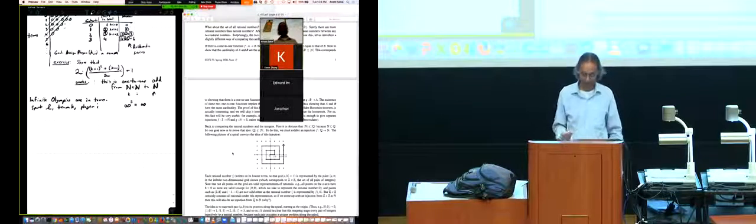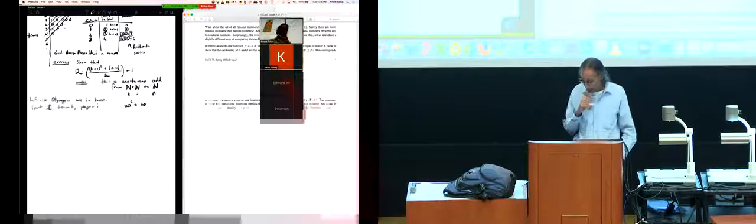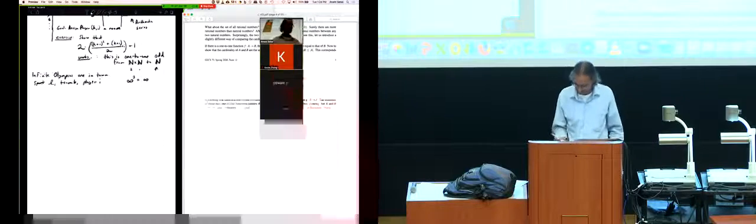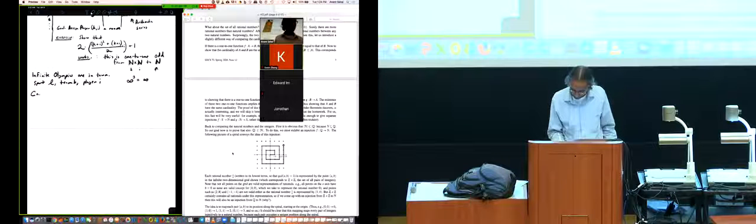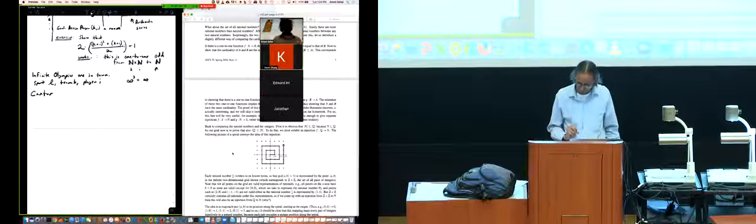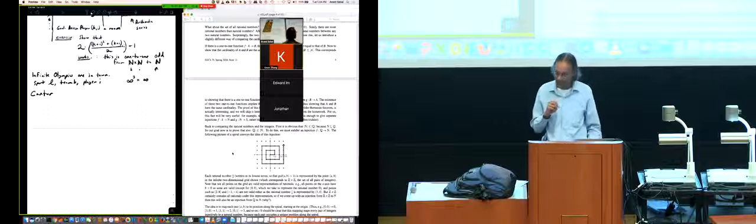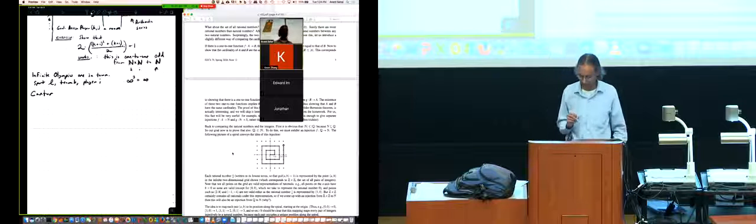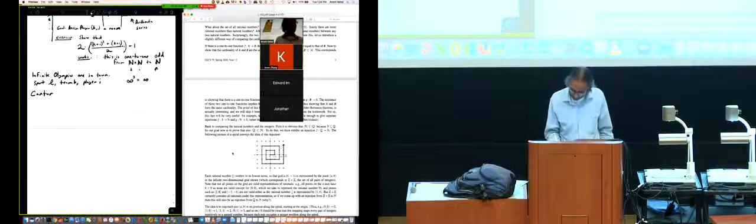There weren't bigger infinities than the standard countable infinity, the infinity of the natural numbers. And it was Cantor who showed that there actually are different infinities. This is something called Cantor's diagonalization proof.